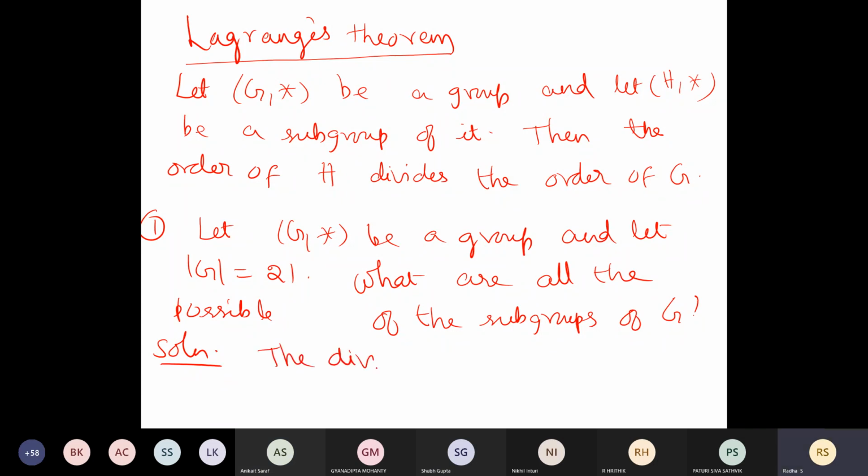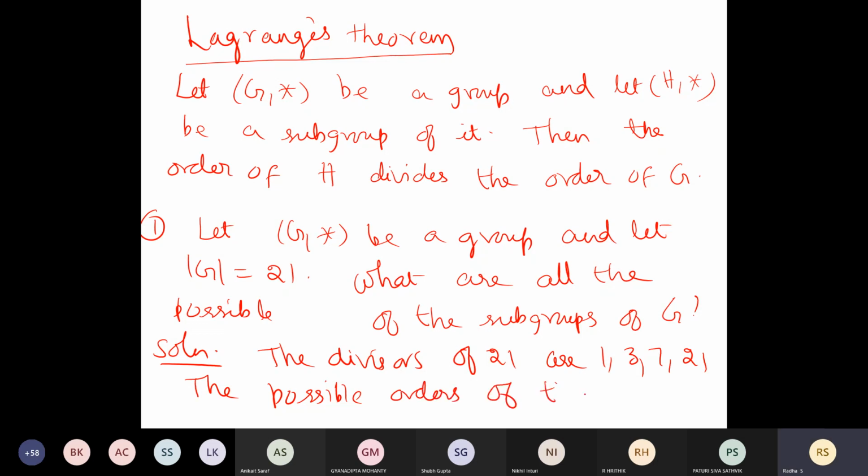The divisors of 21 are 1, 3, 7, 21. The possible orders of subgroups of G are 1, 3, 7 and 21.